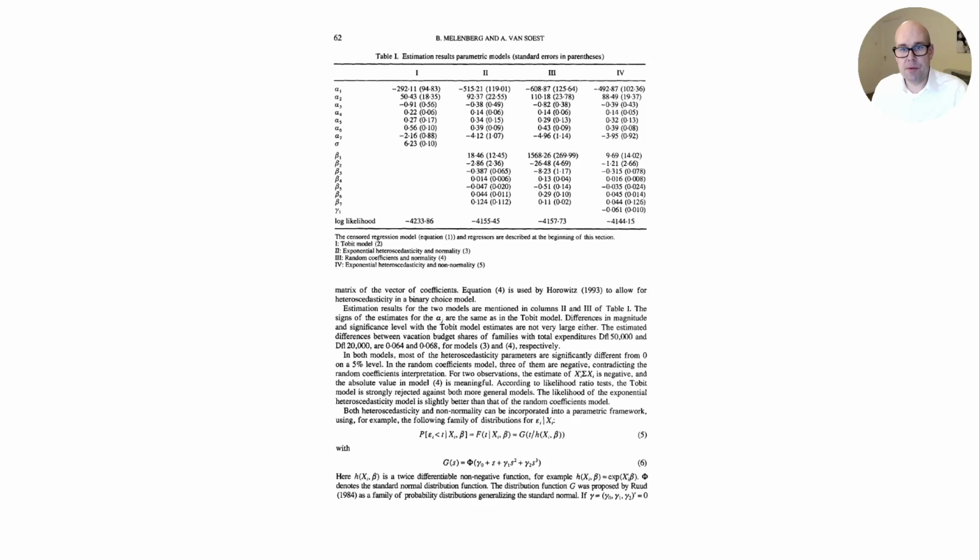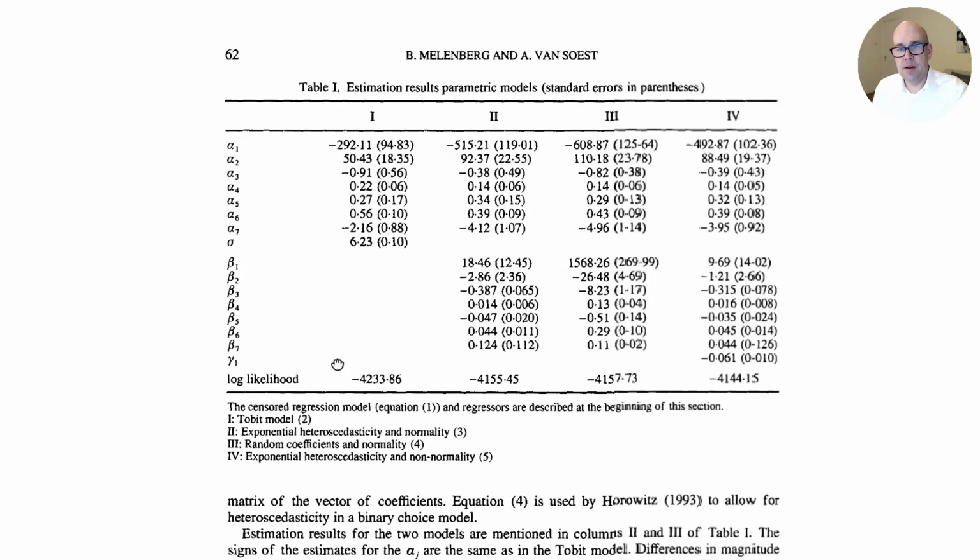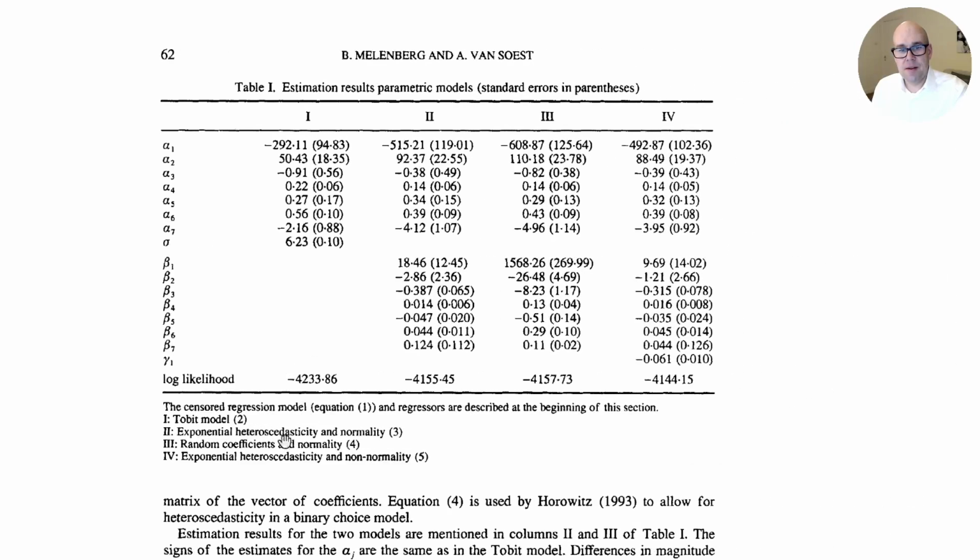Good. So let's look at what they have. So this is table 1. Specification 1 here is the Tobit model. Then we have specification 2. We have some heteroscedasticity.